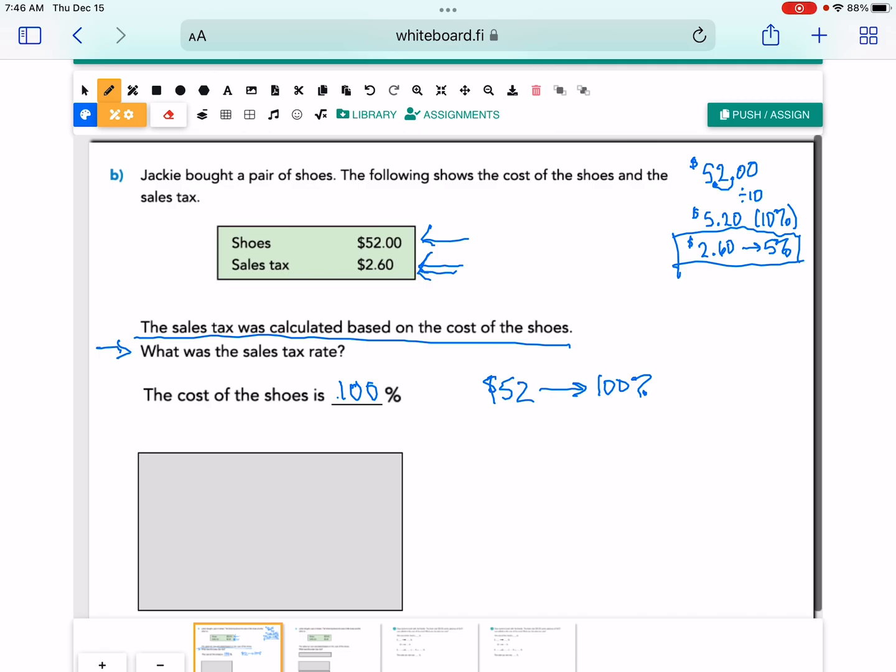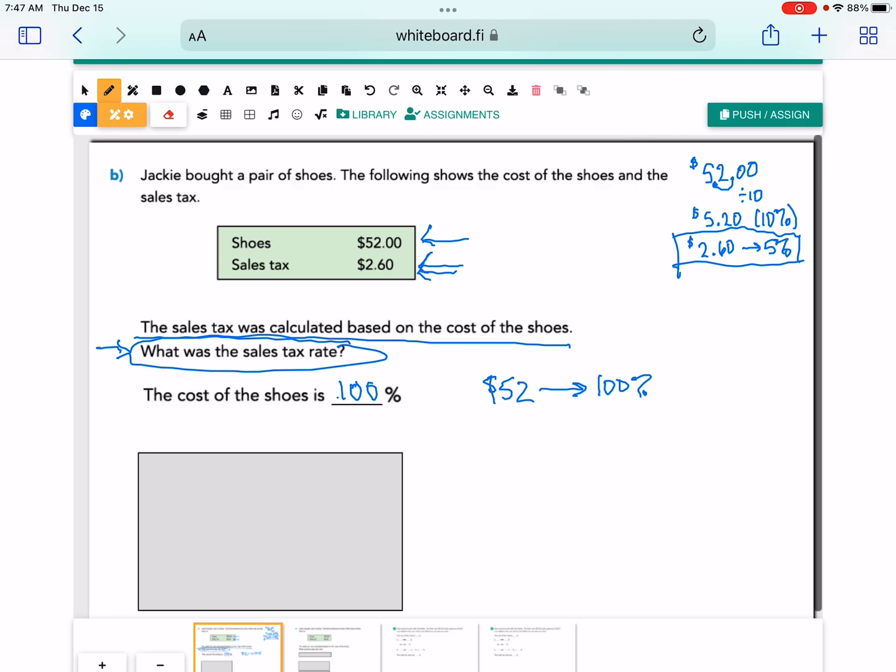And my reasonable answer is 5%. That was answering the question, what was the sales tax rate? All right. So by written mathematics, I should come up with the same answer, 5%. And I want to make sure that that can happen.